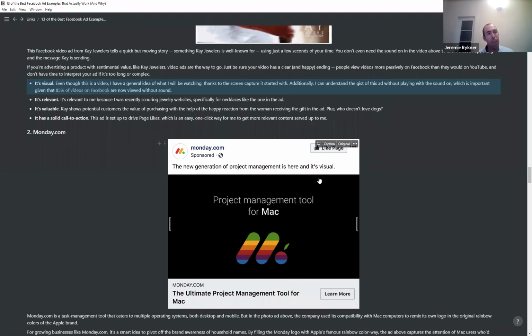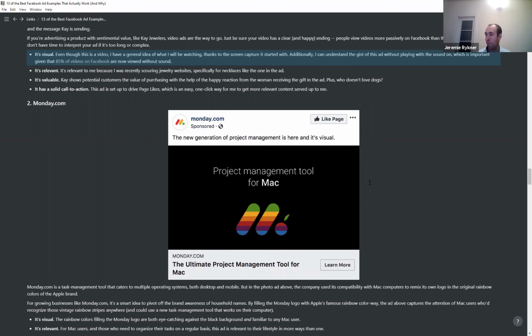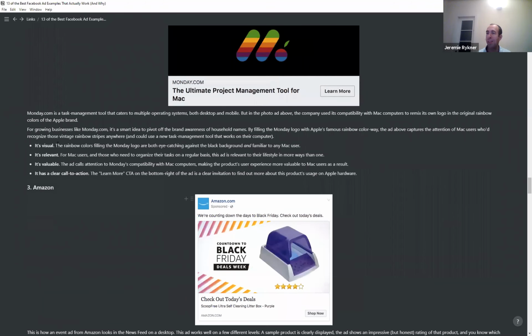Therefore, people that are using Apple and Mac are more attracted to something that looks good and is easy to use because it has a very nice visual graphical interface. That's why they are also putting it in text, not only in the image, describing the product in that way to make it attractive for them. Once again, here are the answers to what I mentioned: it's visual, rainbow colors, it's relevant, it's valuable, and it has a clear call to action.